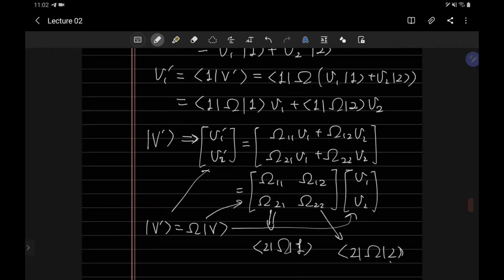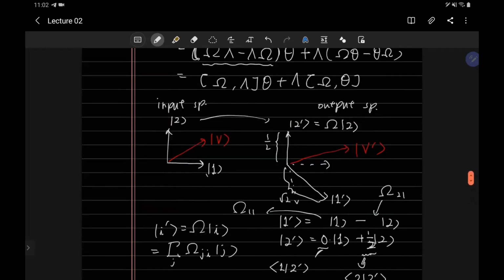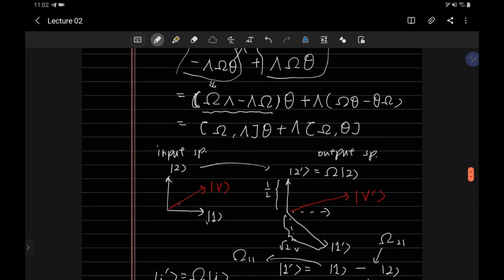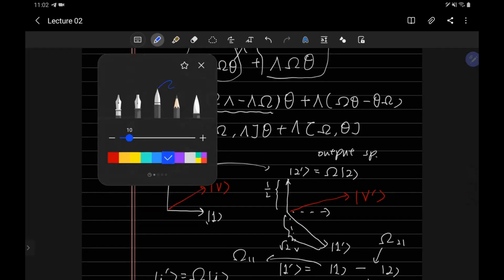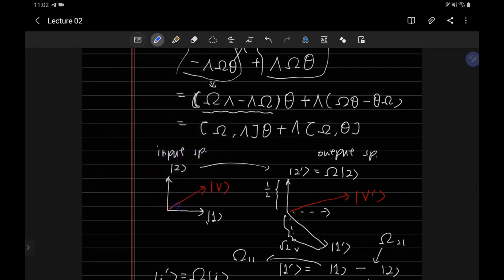So instead of using this basis, we might consider using different bases, of course. For example, we might consider using this basis and this one as a new basis. Maybe I can call them 1 and 2.